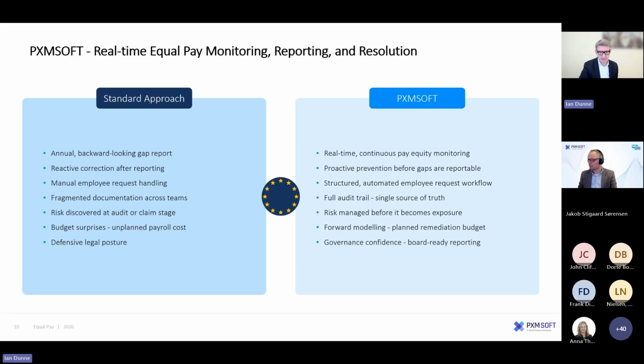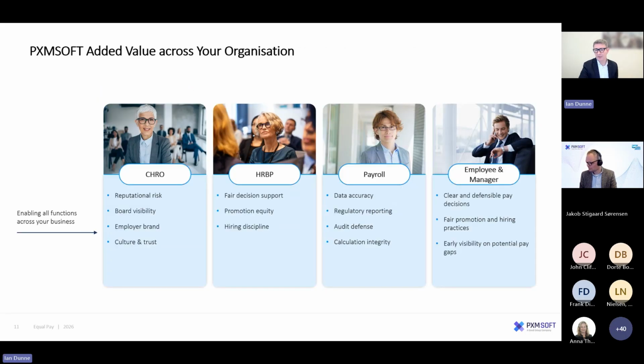And what's important here is that the tool, and you will see from different perspectives, is very much thinking of the different roles, the different stakeholders across the business. We've got board reporting from the CHRO. We have HR business partners. We've got payroll. We've got to look at audit defense. We've got to look at the calculation integrity.